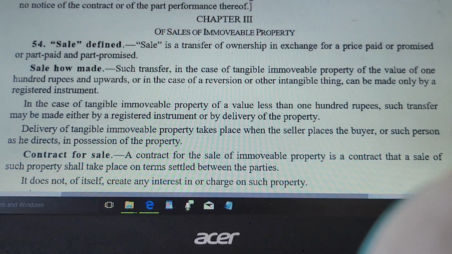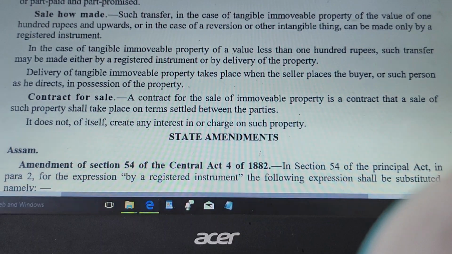In the case of tangible immovable property of a value less than 100 rupees, such transfer may be made either by a registered instrument or by delivery of the property. Delivery of tangible immovable property takes place when the seller places the buyer or such person as he directs in possession of the property.